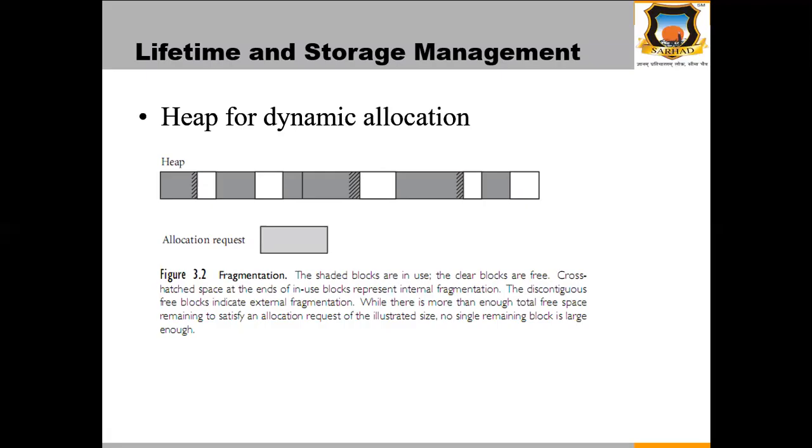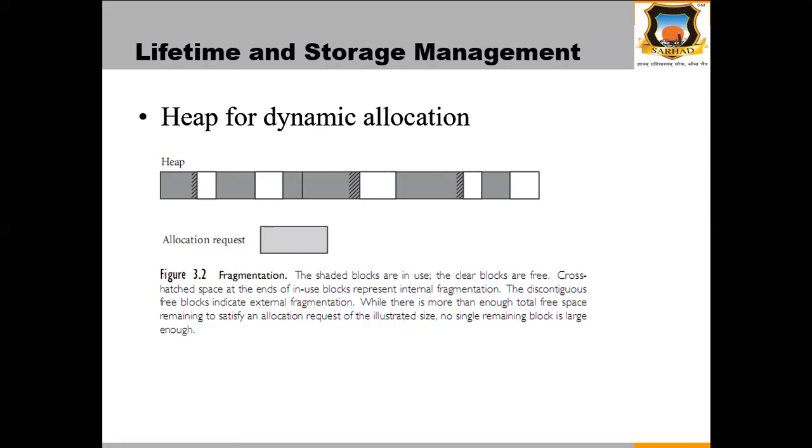That means if a particular block is of 100 MB size and only 20 MB is used, then the remaining 80 MB will be internal fragmentation. It will be of no use. Discontinuous free blocks indicate external fragmentation. Here the discontinuous free blocks, that means this one, all are external fragmentation.